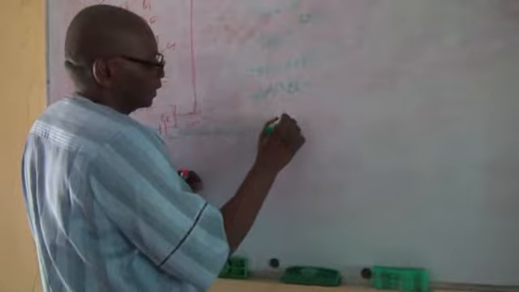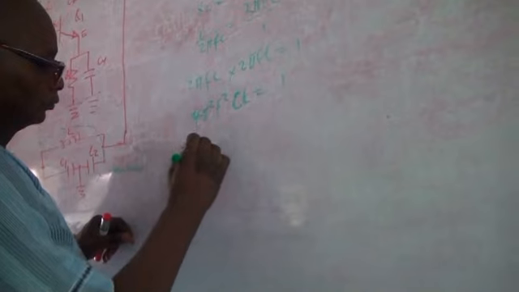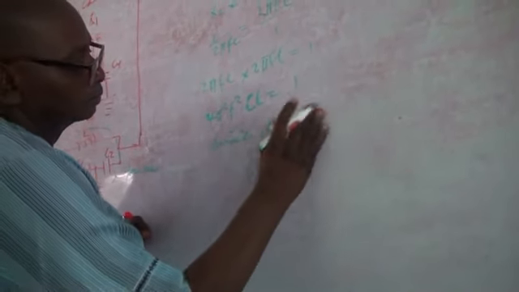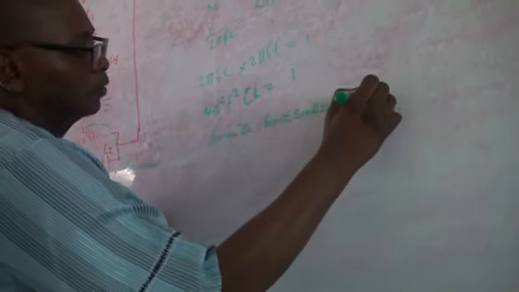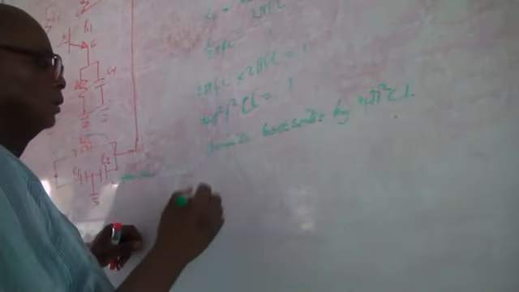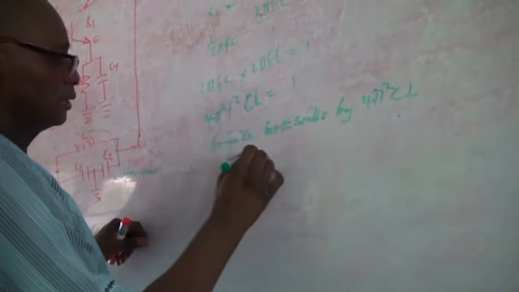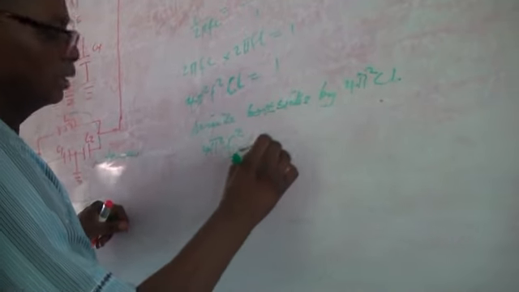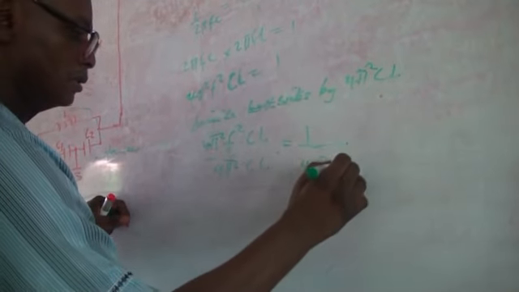So this will give you F squared, and you divide both sides by 4 pi squared CL. Then you have 4 pi squared F squared CL all over 4 pi squared CL equals 1 all over 4 pi squared CL.